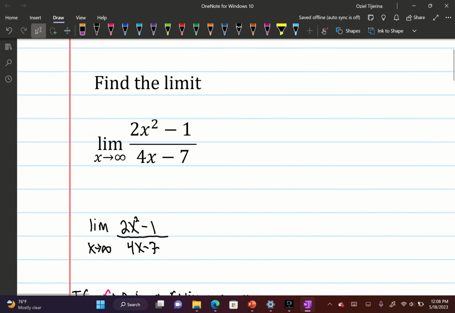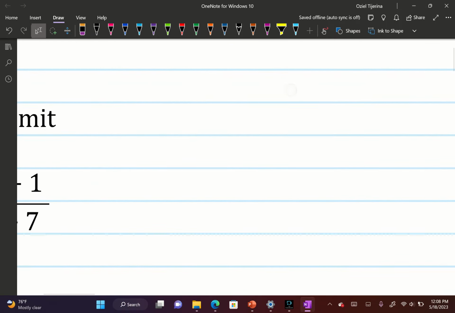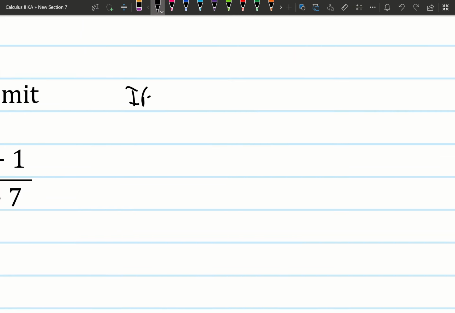If we have infinity over some number c, such that c does not equal 0, then this is basically equal to infinity, right?